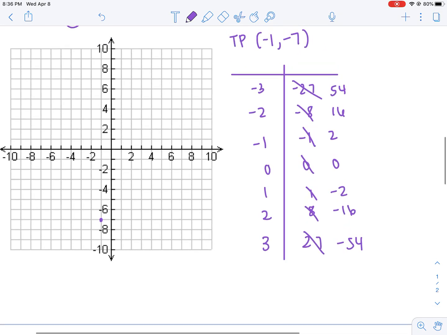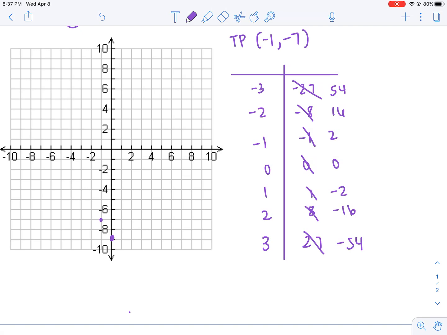So now I'm going to go over 1 to the right, but then I'm going to go down 2. Because I'm not going this way anymore, I'm going that way. So I'm making the curve start up and go down. And then if I try to go over 2 down 16, I'm way down there.